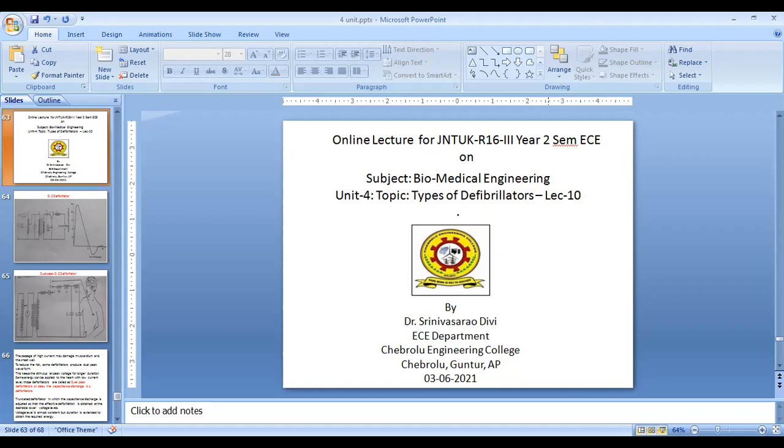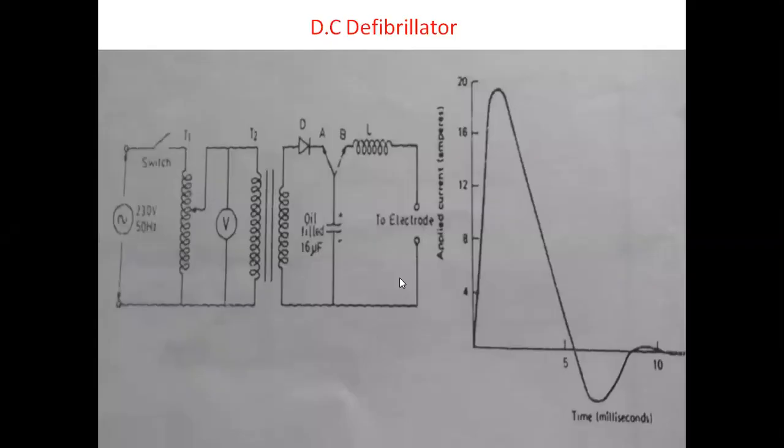We are studying the DC defibrillators. In this case, the 230 volts AC signal is converted into a DC signal by using a rectifier diode on the output side of the transformer T2.